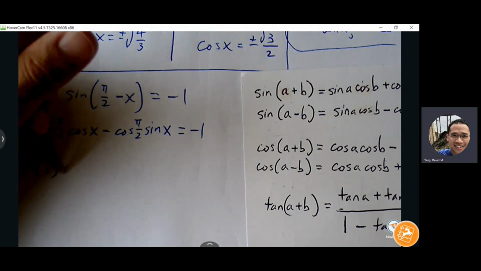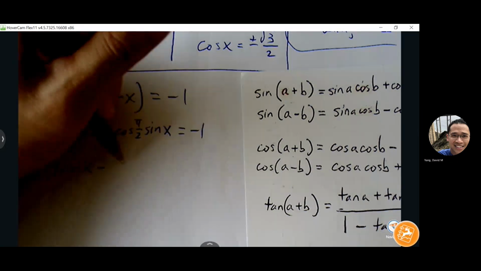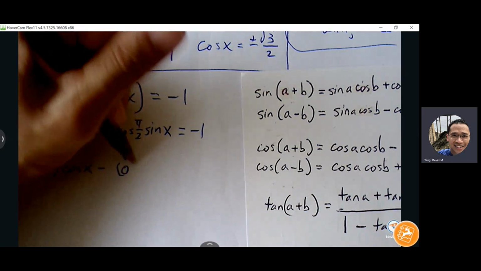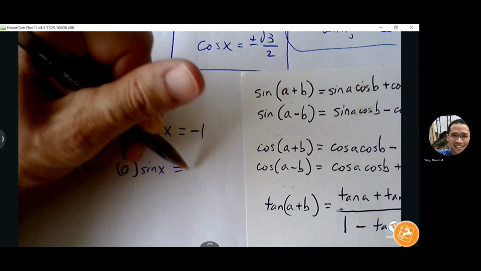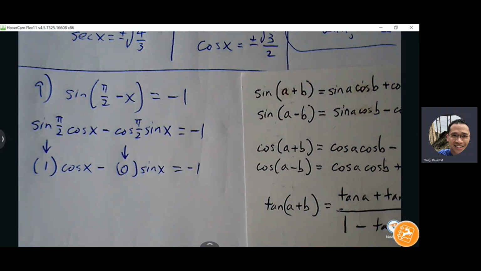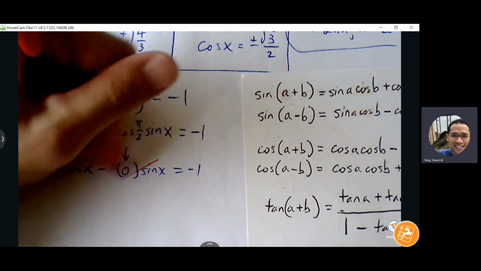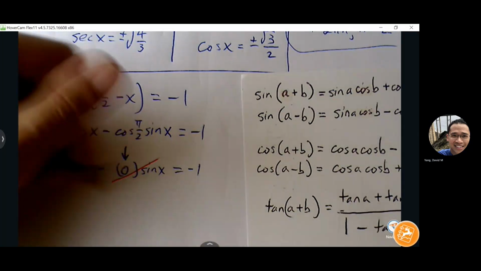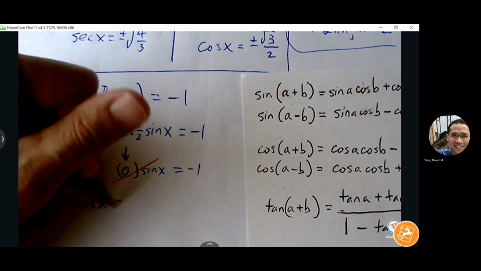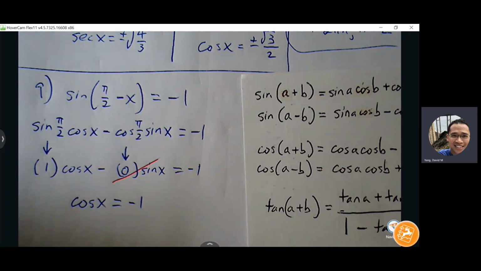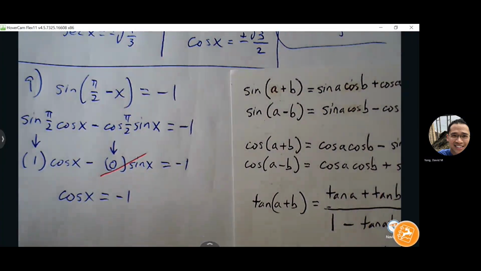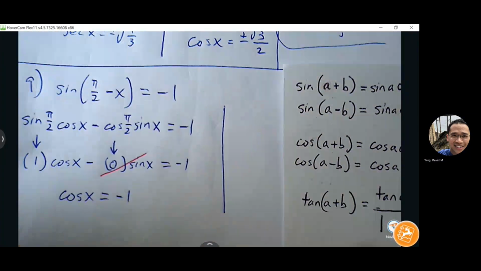Sine to the power 2 is just 1. Cosine to the power 2 is 0. Anything times 0 is just 0, so that goes away nicely for us. So where's cosine equal to -1? Pi.